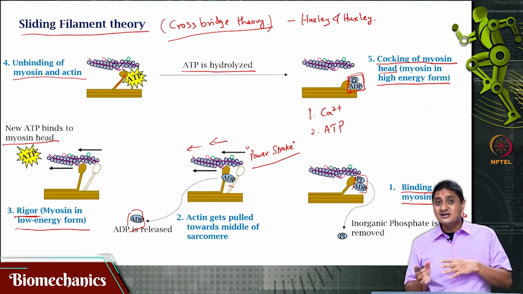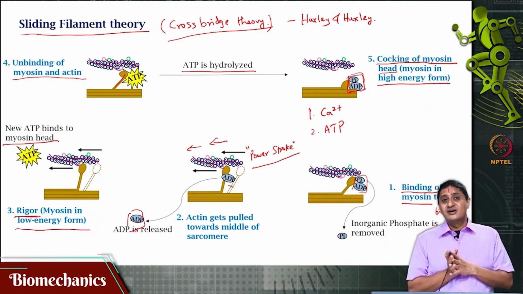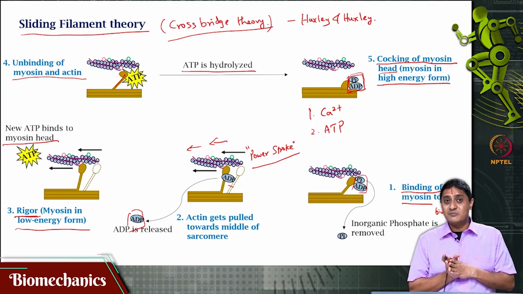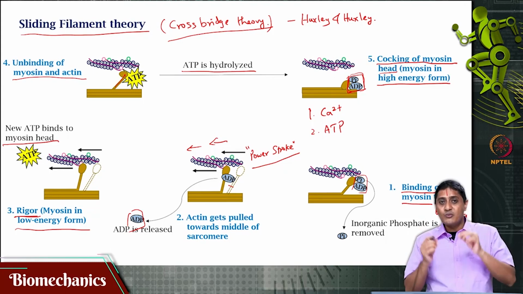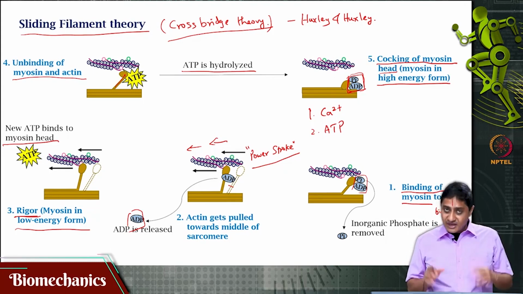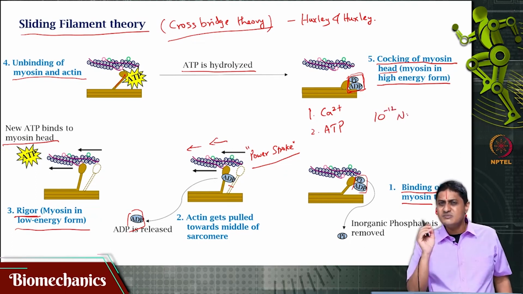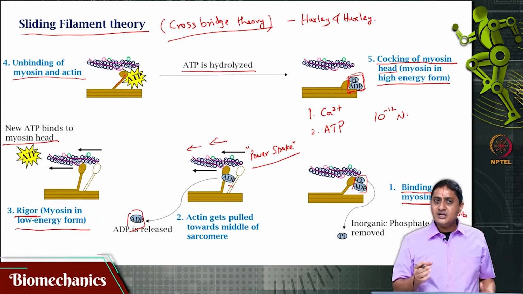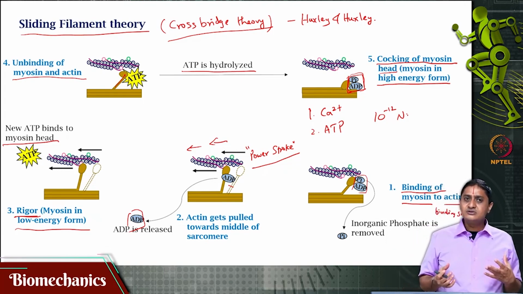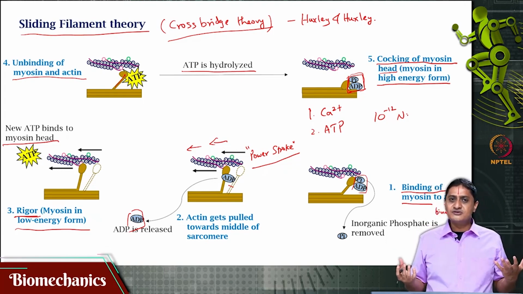When this happens in the hundreds of myosin heads and actin binding sites found within a sarcomere, a small amount of force will be produced, of the order of 10 power minus 12 newtons. But in real life we find thousands of newtons of muscle force being produced.